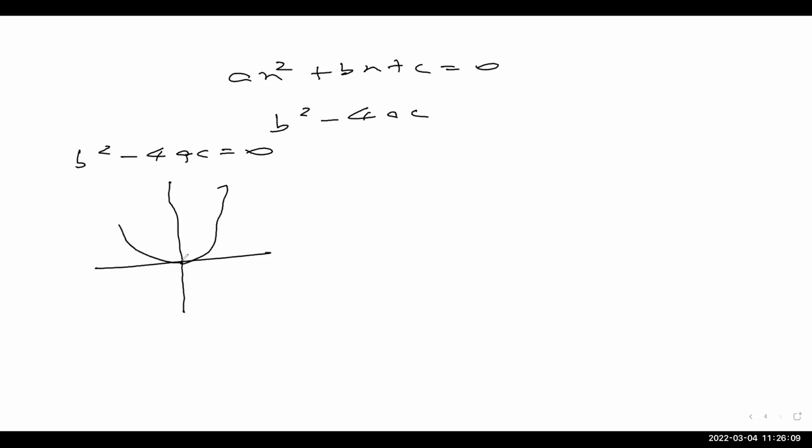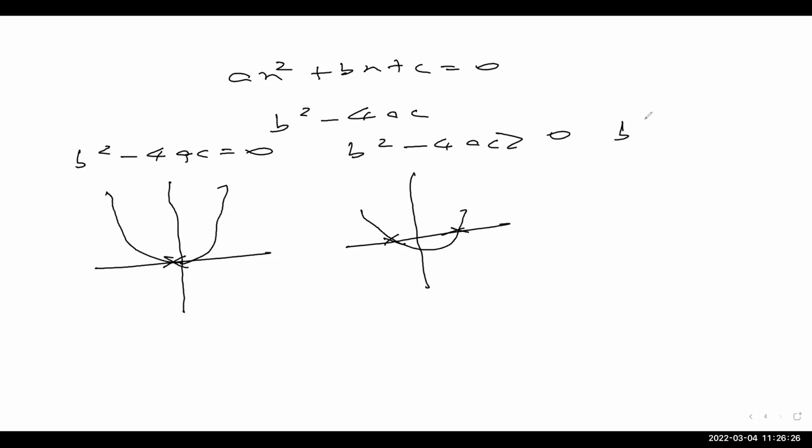So something like this, and we have just one root here. And if b squared minus 4ac is greater than 0, we have something like this, and we have 2 roots. And if b squared minus 4ac is less than 0, we have something like this, and we have no roots. Actually, we don't have any real roots. We have complex roots, right?